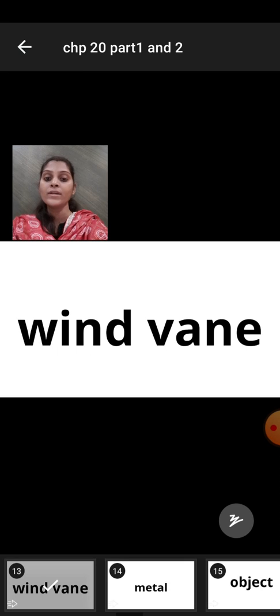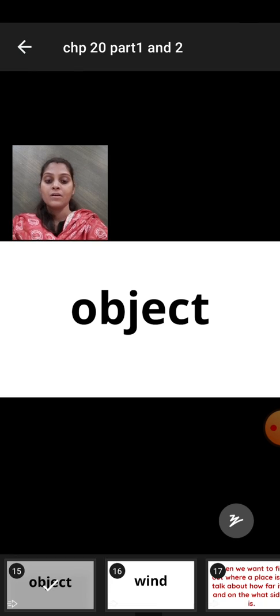W-I-N-D-V-A-N-E. Windvane. Next word, metal. M-E-T-A-L. Metal. Next word, object. O-B-J-E-C-T. Object. Next word, wind. W-I-N-D. Wind.